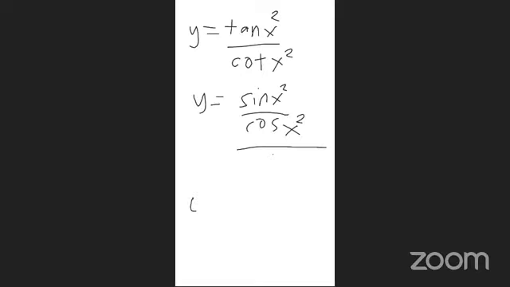So, naman ay identity nga cot theta is equals to cos theta over sine theta. So kana siya, pwede na siya butang diri. So may identity ani niya. So cos x squared over sin x squared.